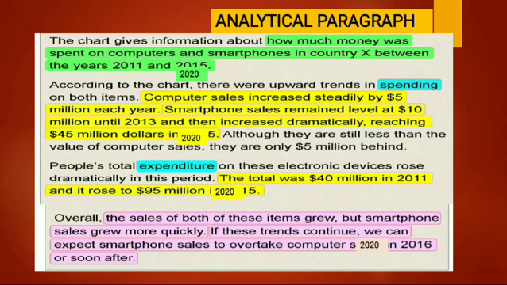The chart gives information about how much money was spent on computers and smartphones in country X between the years 2011 and 2015. Then the conclusion is given in two parts.